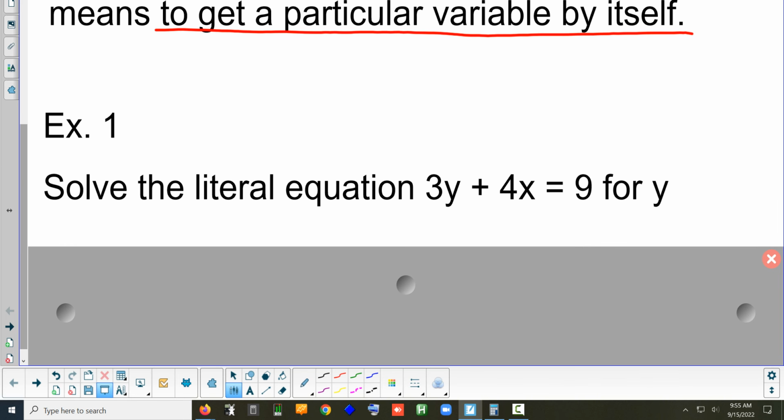So here's a formula. 3y plus 4x equals 9. So all you guys have to do is fill in the 3y plus 4x equals 9, because I didn't write down the problem on the notes.